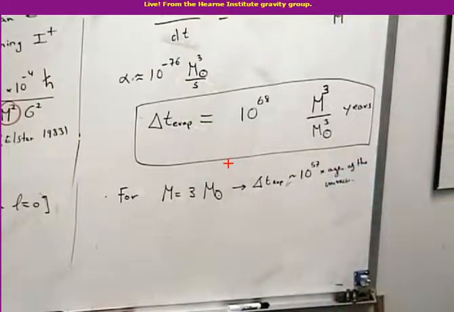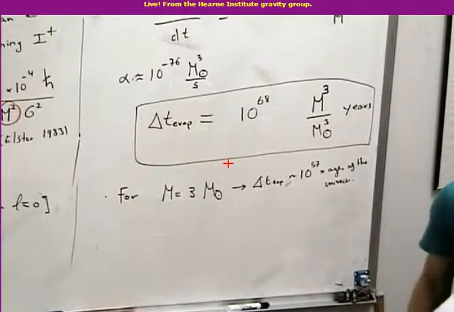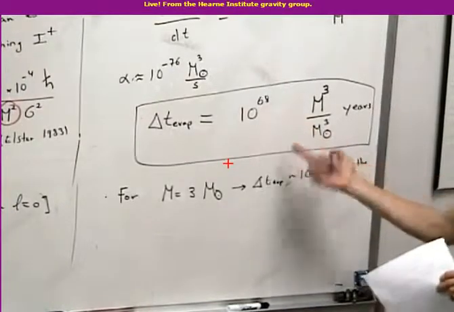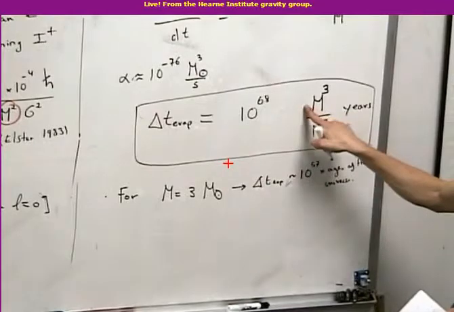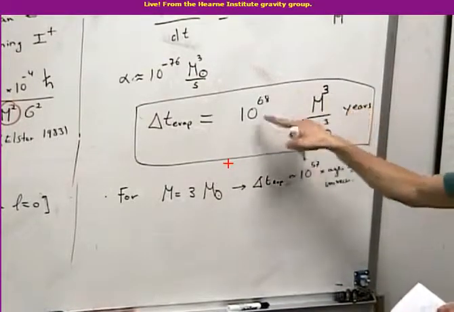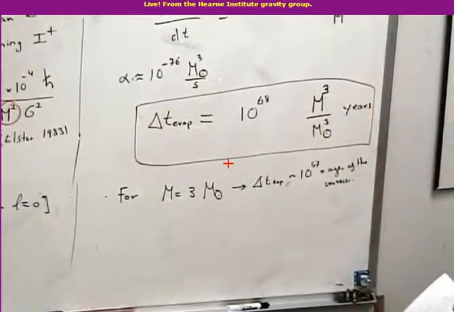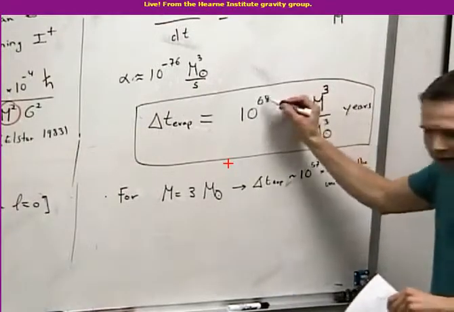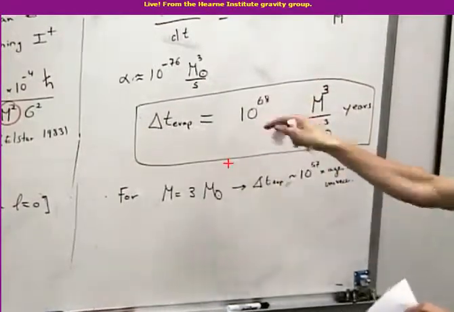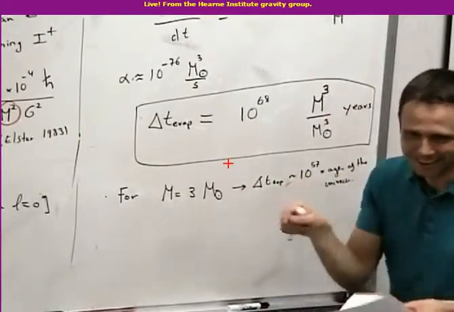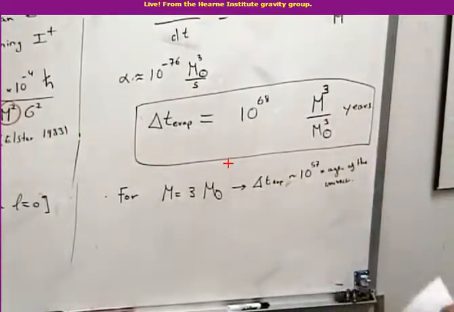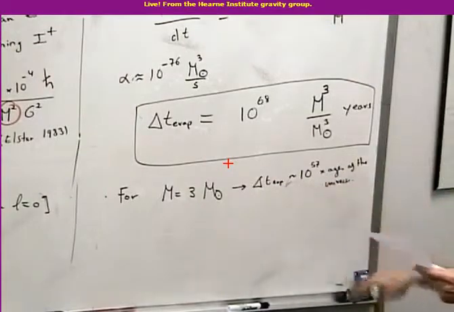The age of the universe is 13 billion years, so it's 10 to the 10. 3 solar masses give you a 10 from here, so it's fine. I believe it's fine. I did it on my computer yesterday, but you can have a typo. So much larger than the age of the universe.